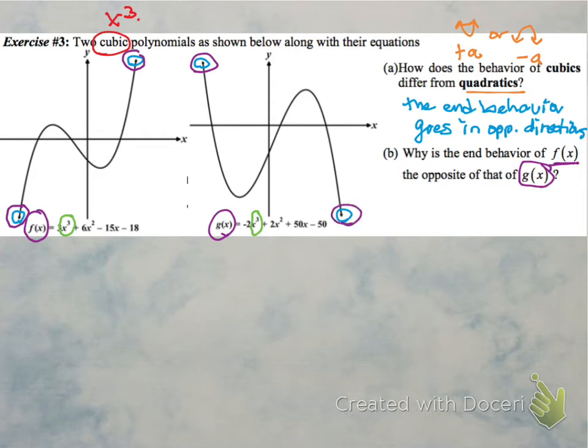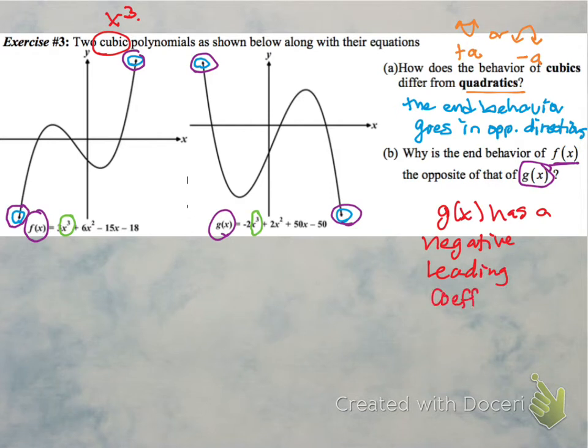The reason for that is that g of x has a negative leading coefficient, which is just the number on the highest power.